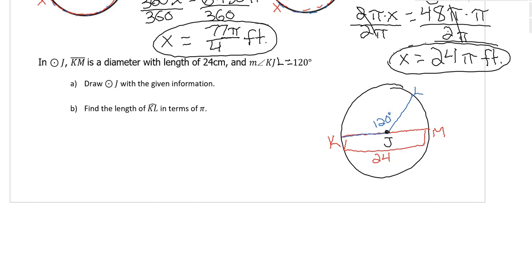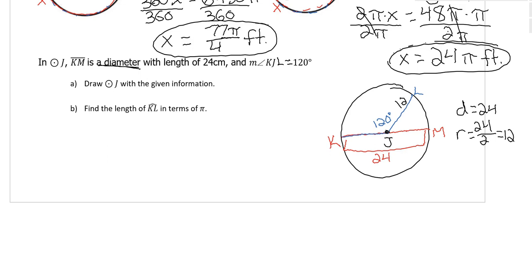So I've already done A. For B, find the length. The one thing I have to do is, I don't really want my diameter. The diameter is 24, so radius equals 24 divided by 2, which is 12. Don't forget that, just like in our volume ones, if we're given the diameter, we really need to find our radius.